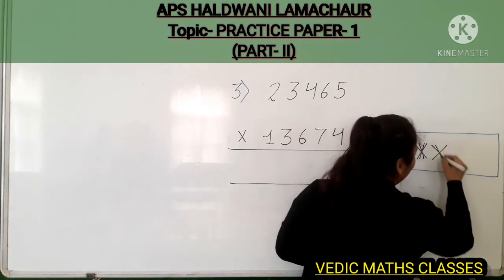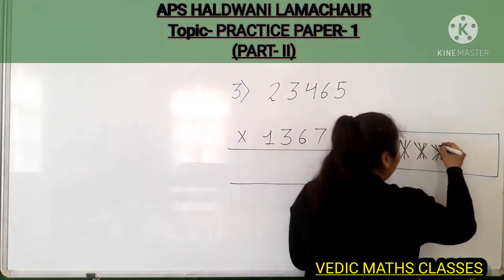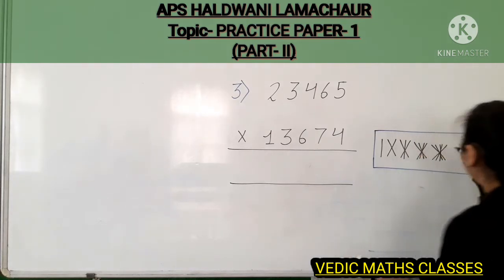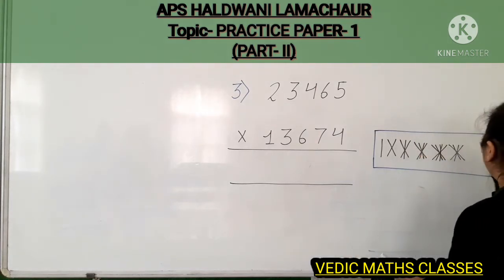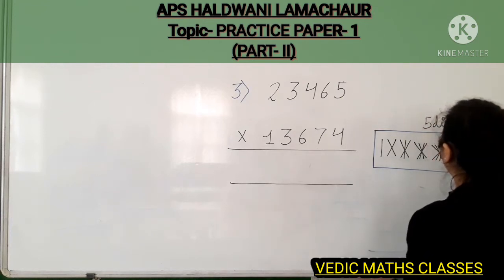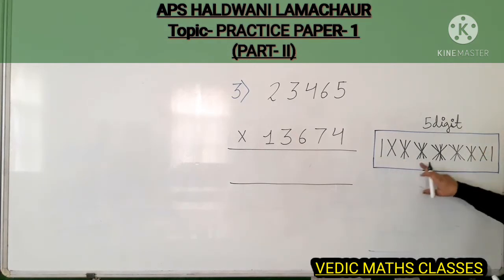See, 5 is there, 4 and one more rod in between, 5. And after 5, back counting: 4, 3, 2, 1. Now it is for 5-digit. 1, 2, 3, 4, 5. And after 5, back counting, 4, 3, 2, 1.